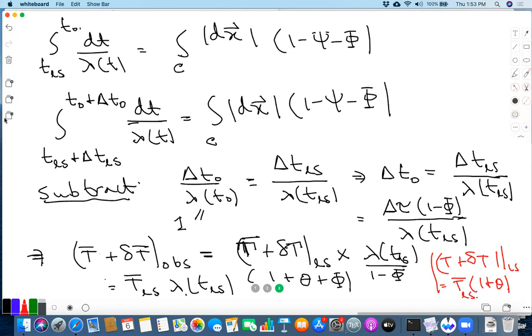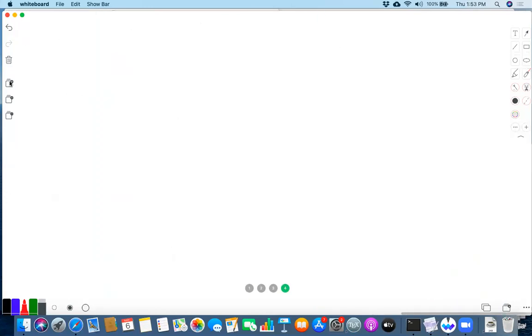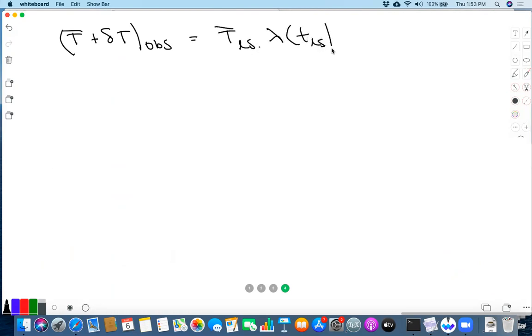Okay, so I'm going to write this formula again. What we observe is that T bar plus delta T observed is T bar LS, lambda of TLS, times 1 plus theta plus phi.